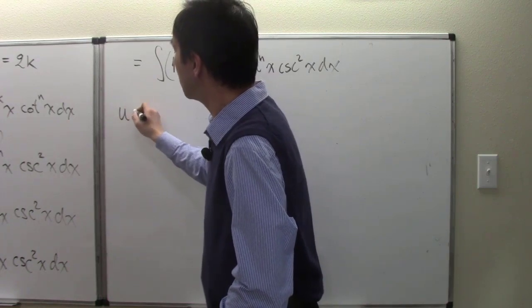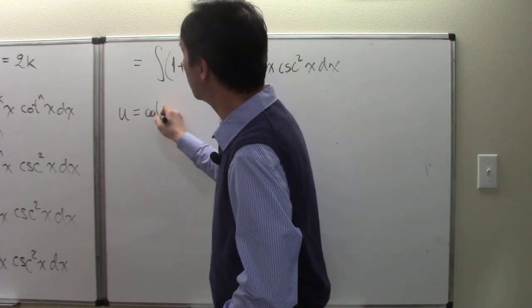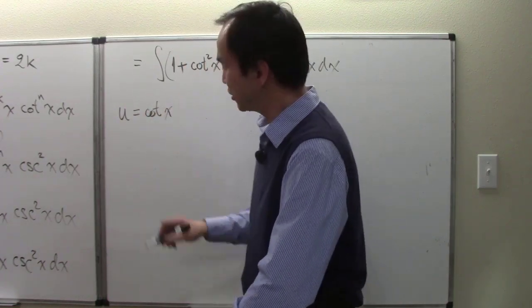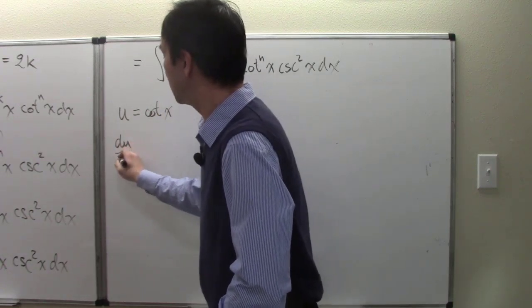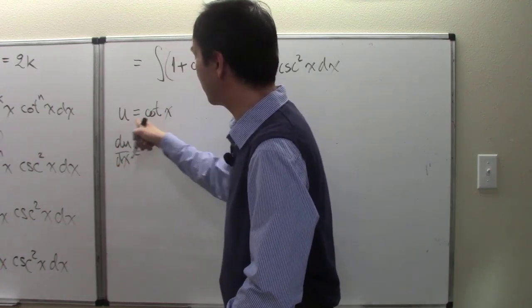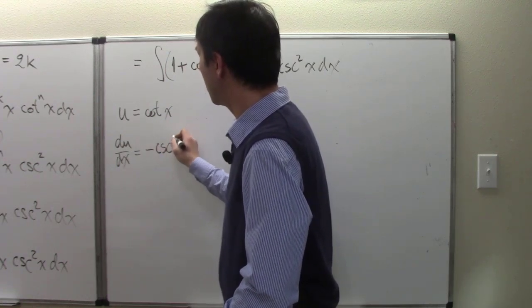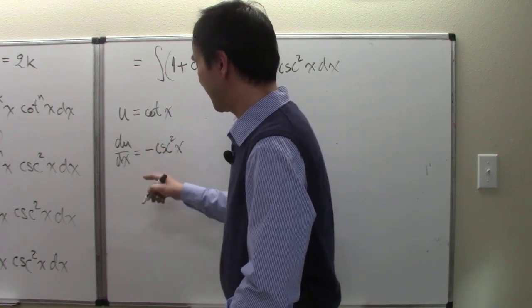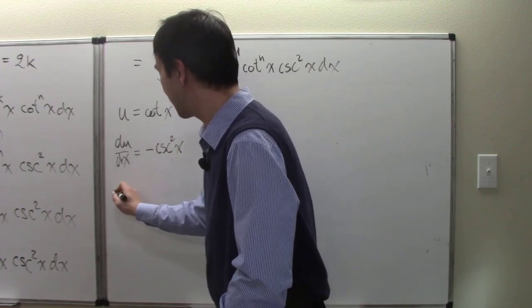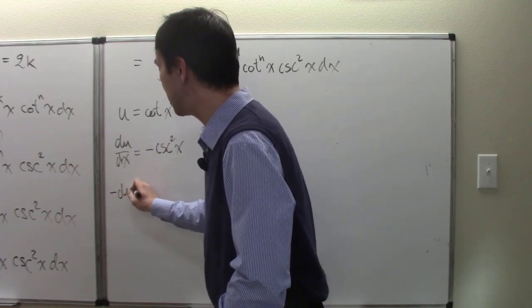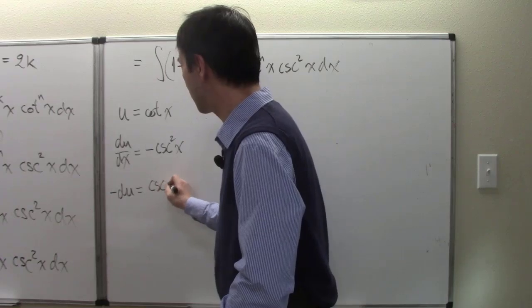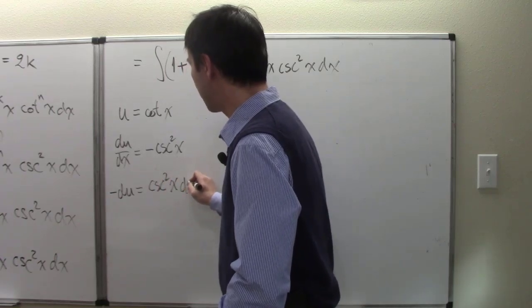We can substitute u for cotangent of x. And then doing that, du dx, the derivative of u, will become minus cosecant square of x. And then rearranging the differentials, I'm looking at minus du equals cosecant square of x dx.